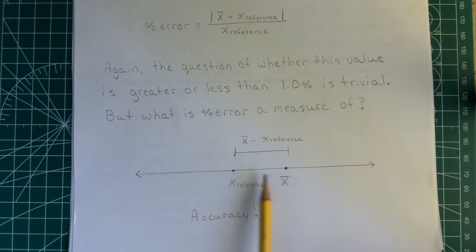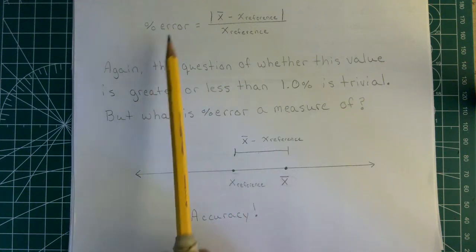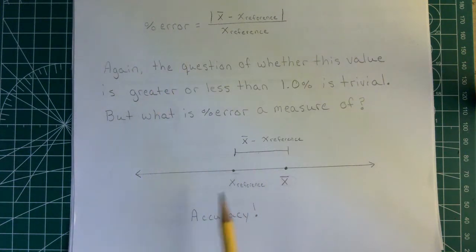So if accuracy is how close we got these two values to one another, then our percent error is going to be a value that's going to tell us about our accuracy. As the percent error goes up, this distance gets to be greater and we are less accurate. As the percent error goes down, this distance decreases and we are more and more accurate.